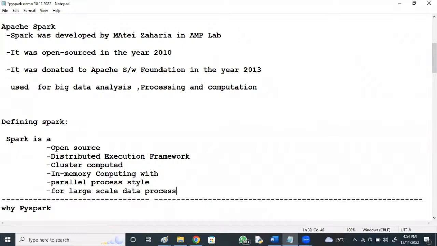So here Spark is an open source distributed execution framework, cluster computed with an in-memory computation feature and parallel process style for large scale data processing.